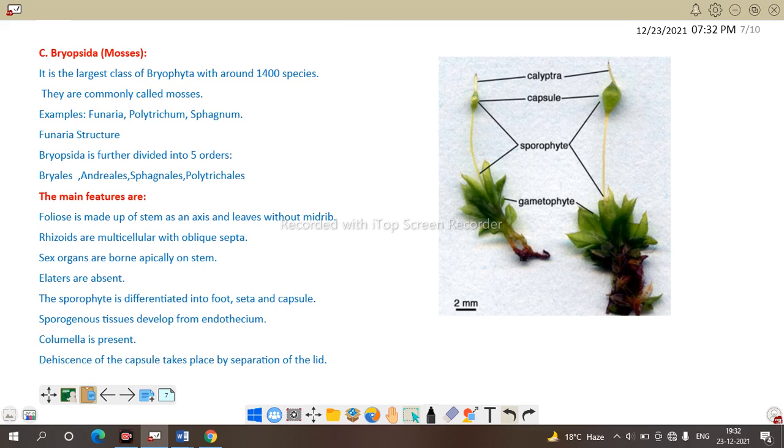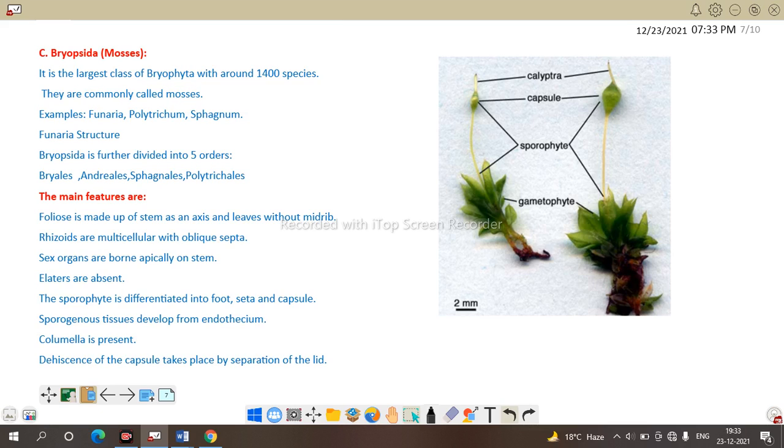Its stem contains leaves, and these are the capsular stalk. Sex organs are borne apically on the stem. This portion is the stem where the leaves are developed, and this is the whole sporophyte, the capsule: foot, seta and capsule.